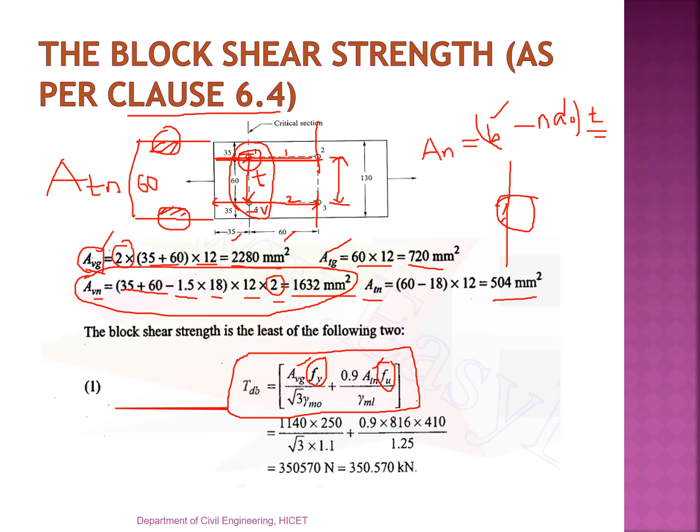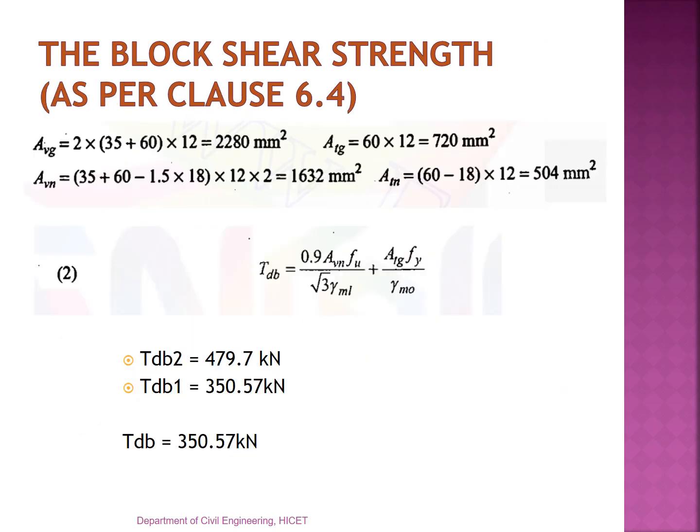Fy means yield stress, Fu means ultimate tensile strength. Fy is 250 Newton per mm squared, Fu is 410 Newton per mm squared, gamma m0 is 1.1, gamma m1 is 1.25. So substituting these values, we have the first value.